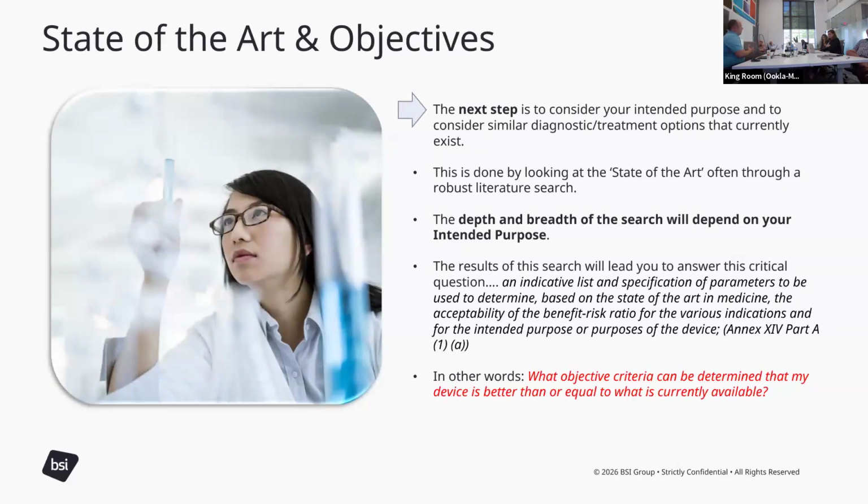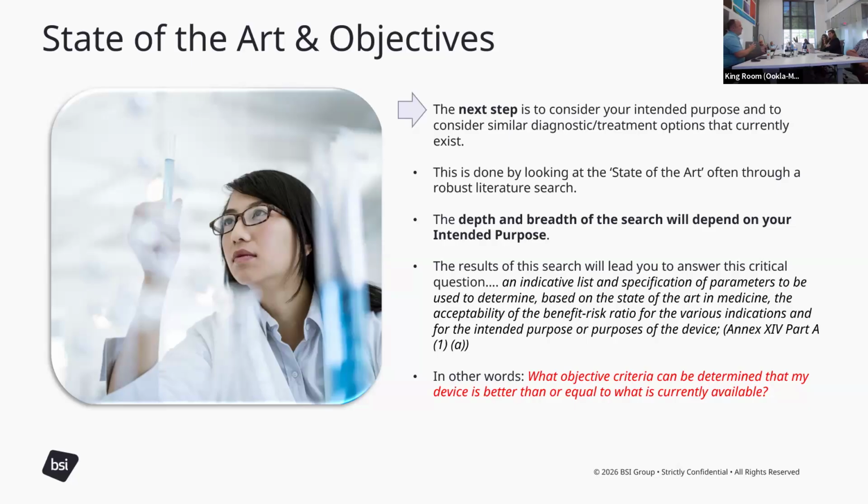So then once you have your clinical benefit and your intended purpose, that really helps you do a state-of-the-art search and be able to find what are competitive devices in this area. Really, without that kind of upfront research or definition of what your intended purpose is and what your device will do, it's hard to get your state-of-the-art objectives.